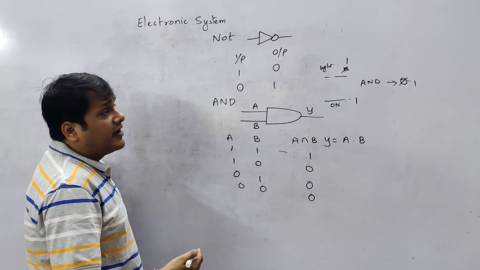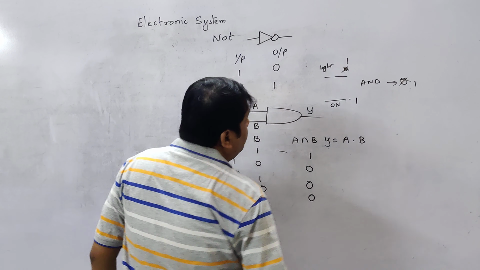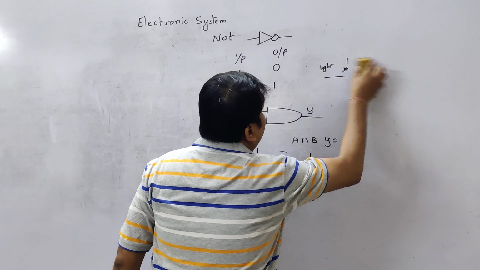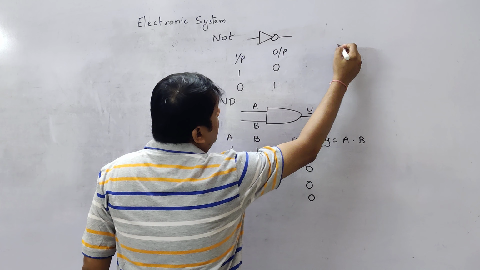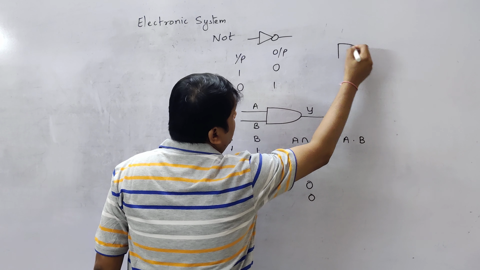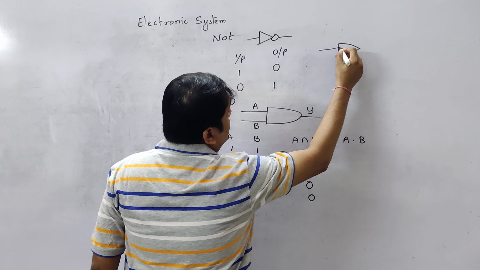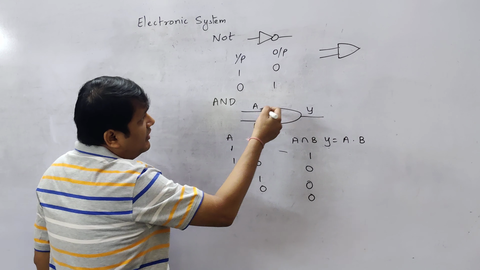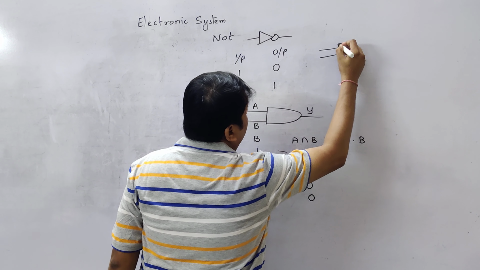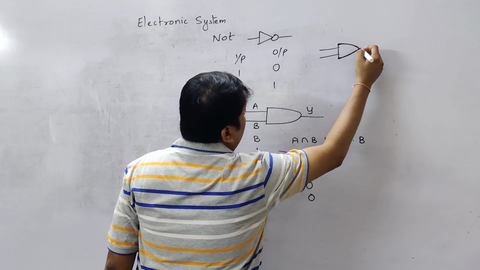Then you have an OR gate. So what is OR? Basically addition. OR means addition. So for OR, you have this kind of a gate. Similar to AND, but AND is a little parabolic in nature and this is somewhat triangular. Not triangular actually.